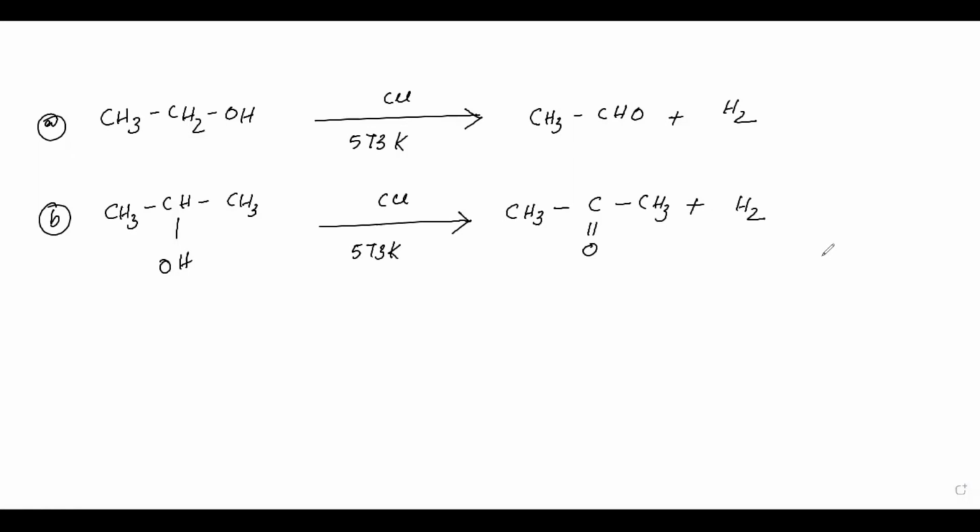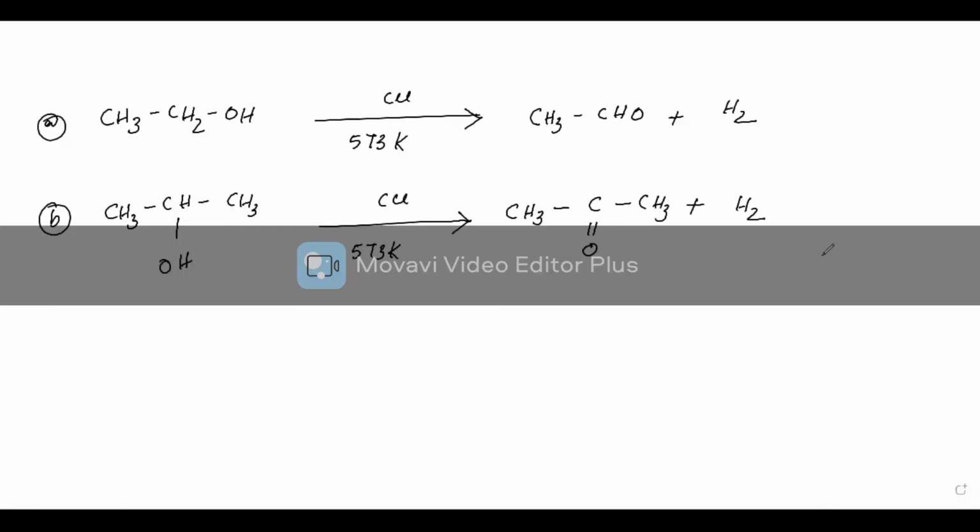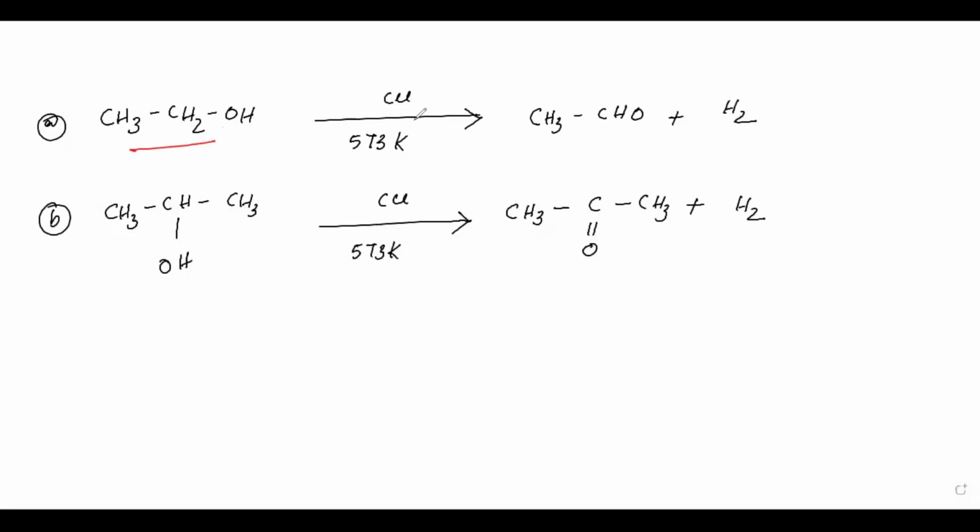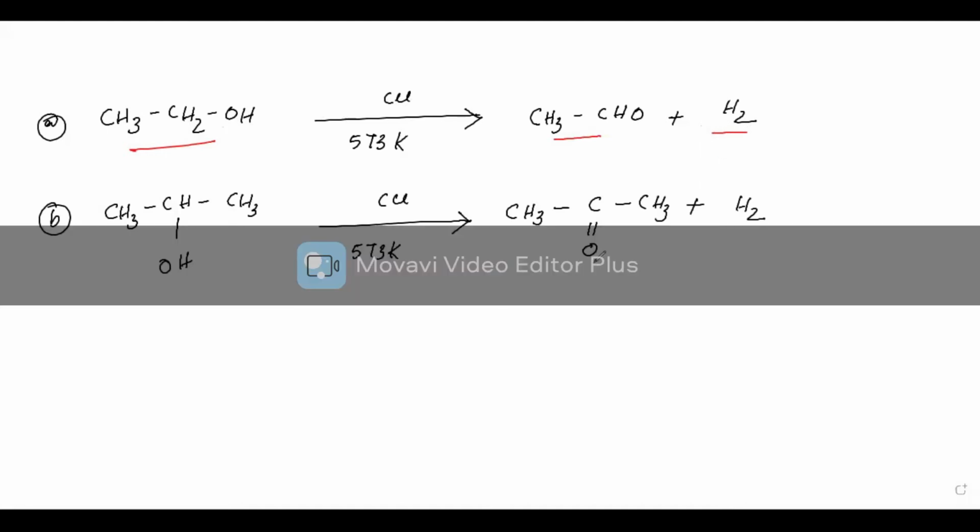The catalytic dehydrogenation process is when the primary alcohol is vaporized in the presence of copper at 573 Kelvin, we get aldehydes and hydrogen as byproduct.